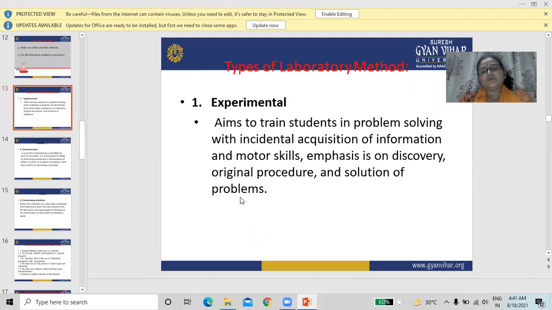Emphasis is on discovery, original procedure, and solution of the problem. So the main aim of the experimental laboratory method is to train the student to solve the problem.